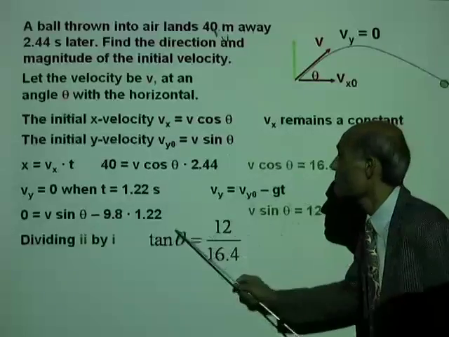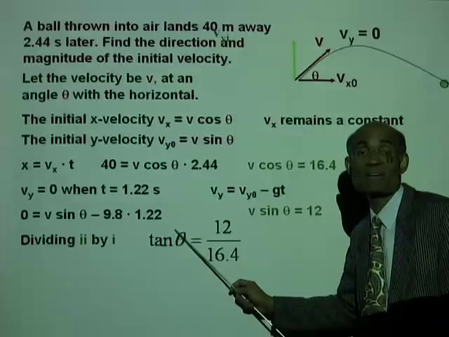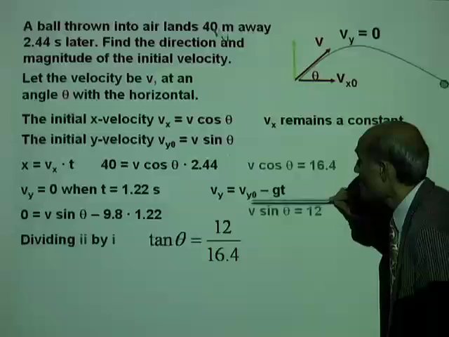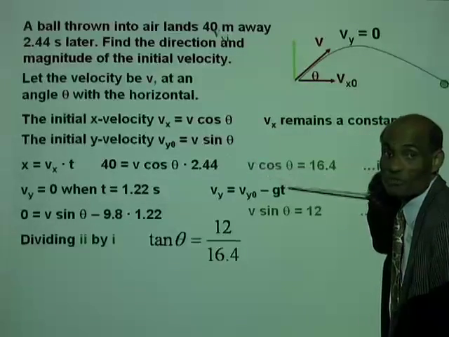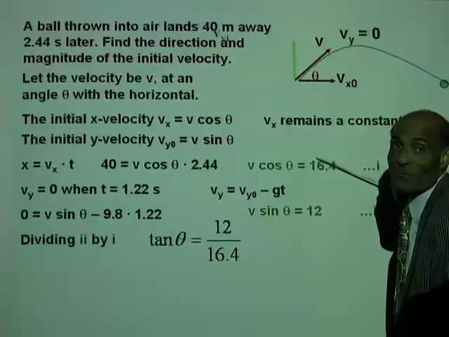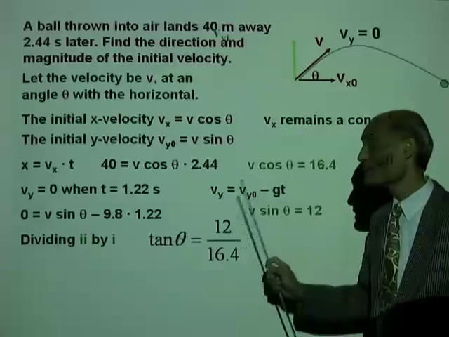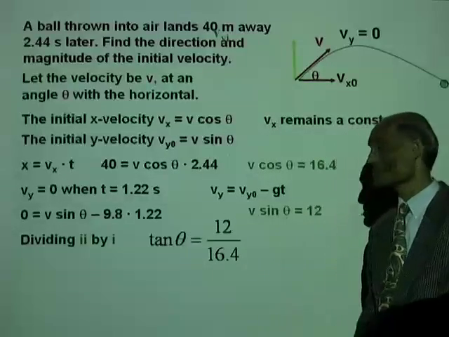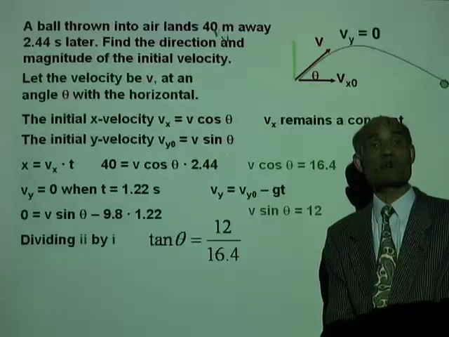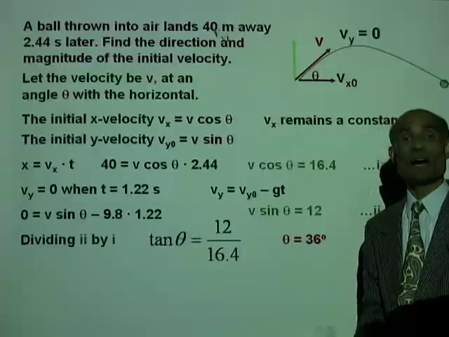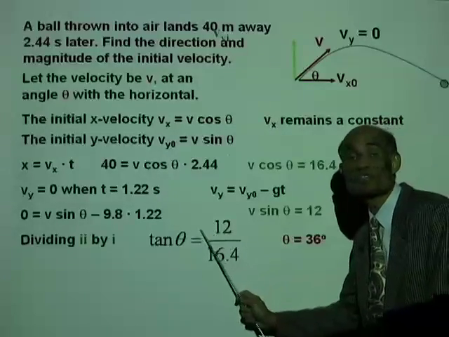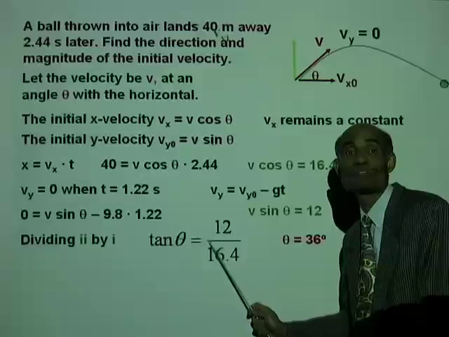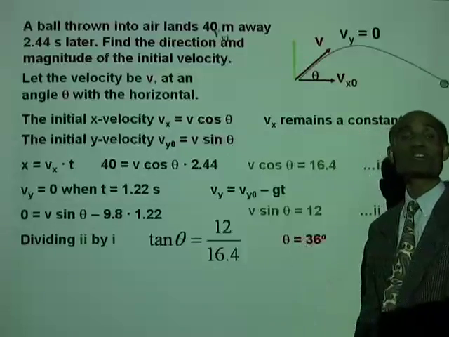Sin theta divided by cos theta is tan theta. Now, v sin theta divided by v cos theta is 12 divided by 16.4. So we get tan theta equals 12 divided by 16.4, and therefore theta equals tan inverse of this number, that is 36 degrees.